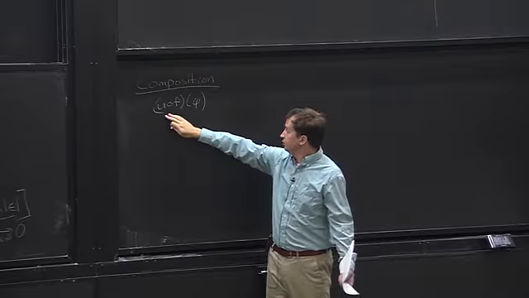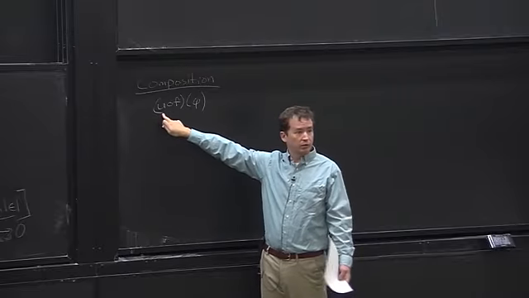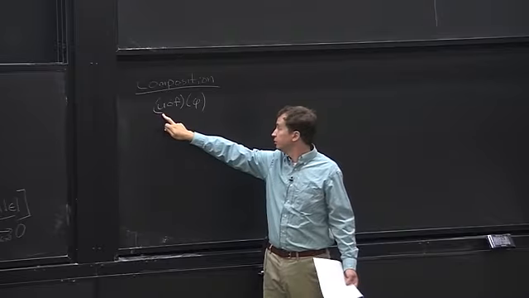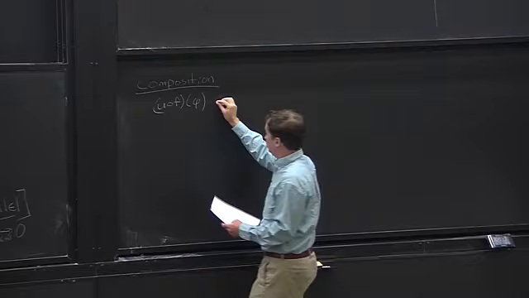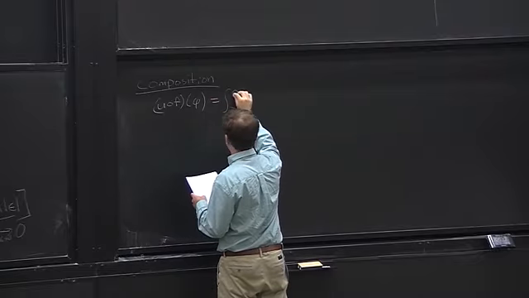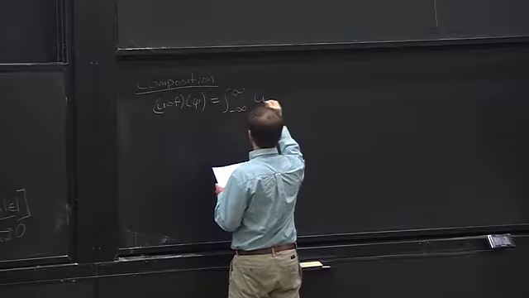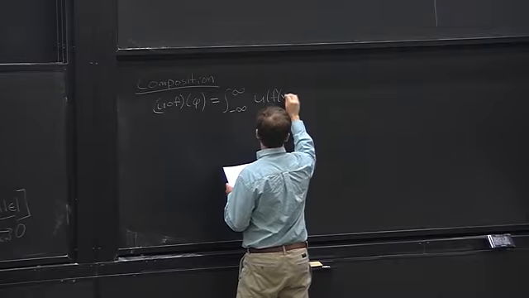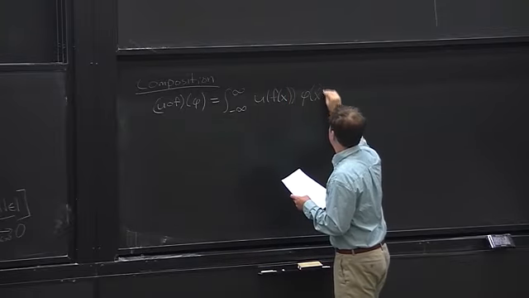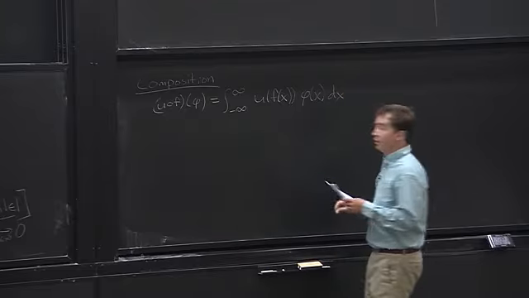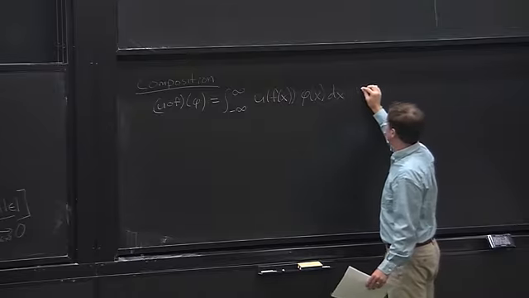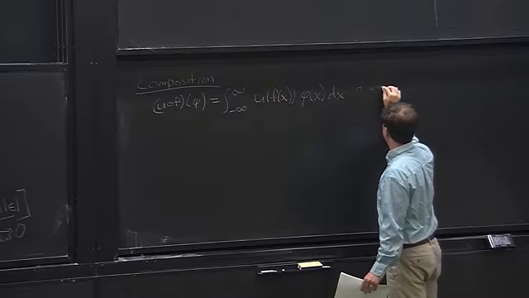As should be familiar by now, we'll start by assuming that u is a function. In that case, we can write this expression as the integral of u of f of x multiplied by phi of x, from minus infinity to infinity. So this works if u is a function.